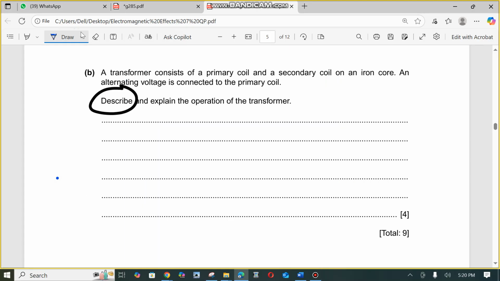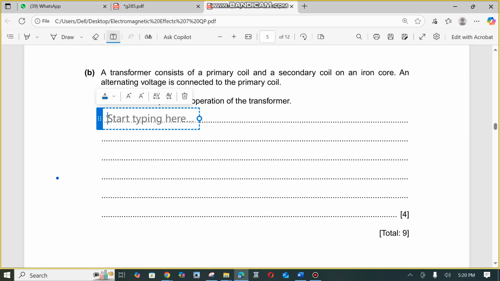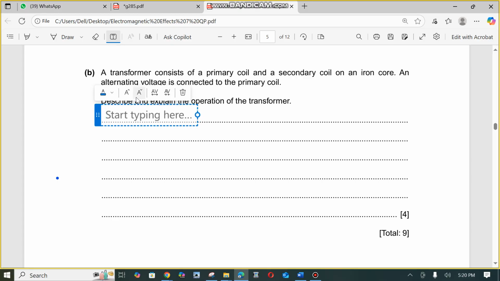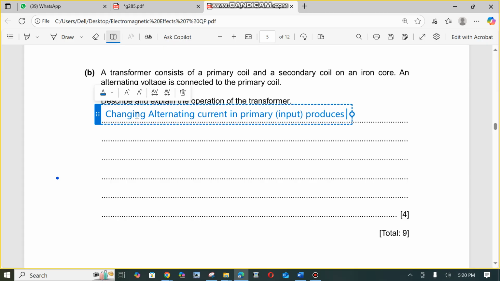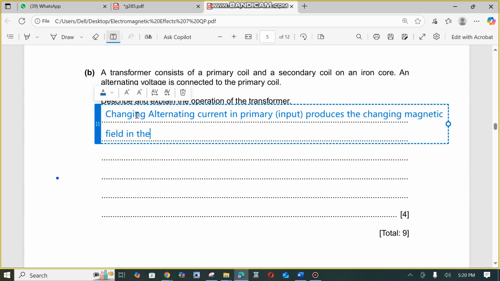Yes, sir. The current flows through the primary coil, and the change in current causes a magnetic flux, which results in a change in the EMF in the secondary coil, which leads to a current in it. Well done. Changing alternating current in the primary, which is the input, produces a changing magnetic field which passes through the iron core.